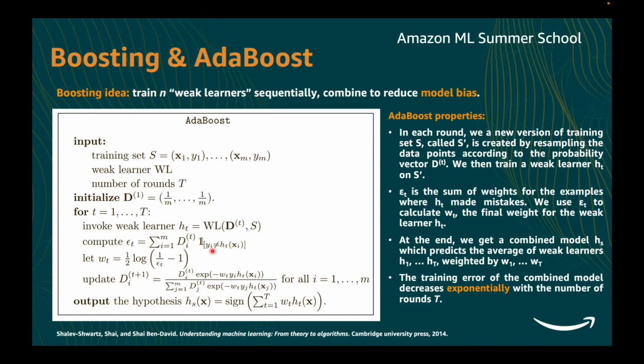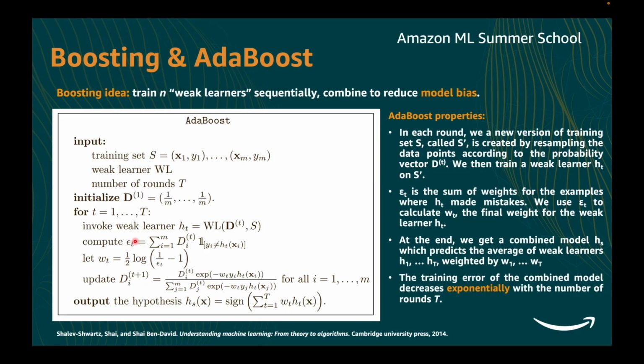I'm going to see where it does not match my ground truth, where it is different from my true label y. All the ones where it is different from my true label y, I'm going to pick all of those examples, and pick the associated probability weight of those examples, and sum it up. And that gives me this term epsilon t. This is my error term.